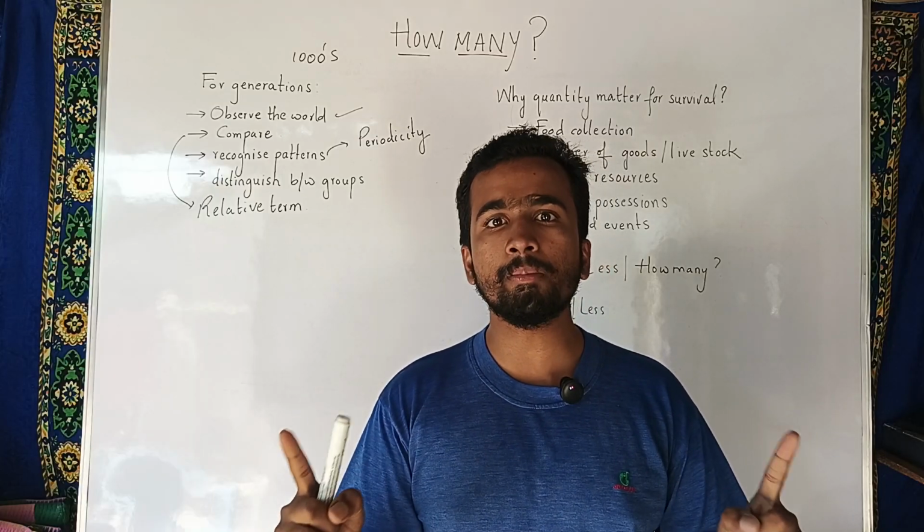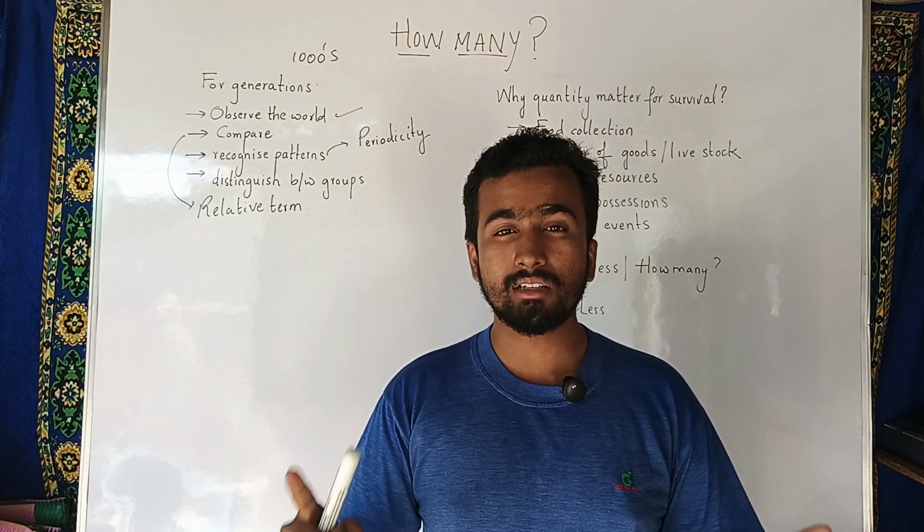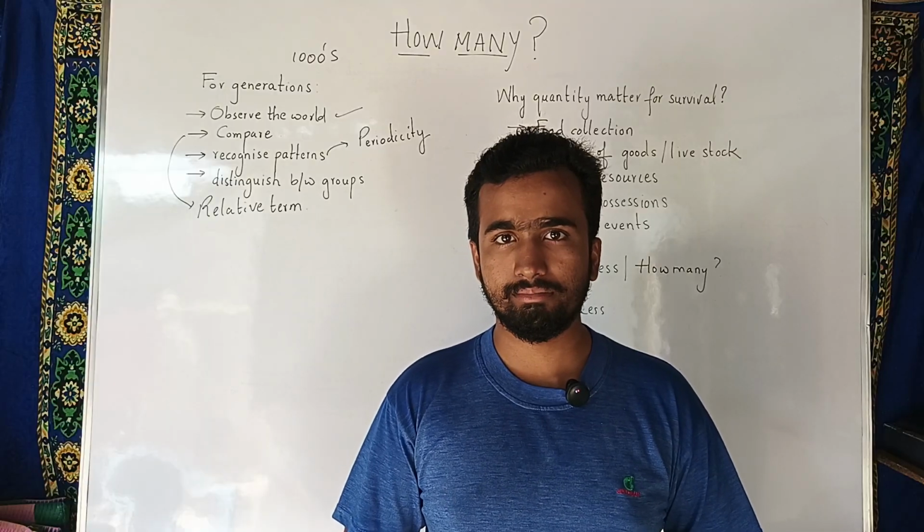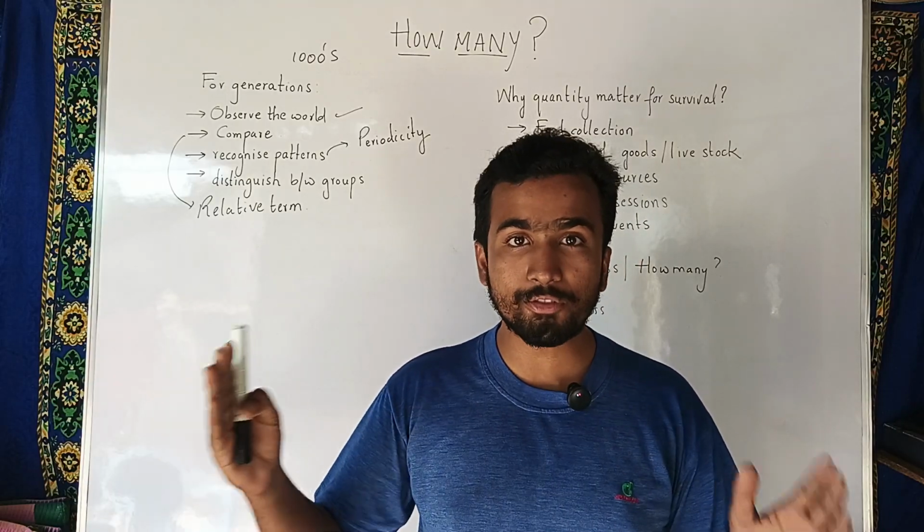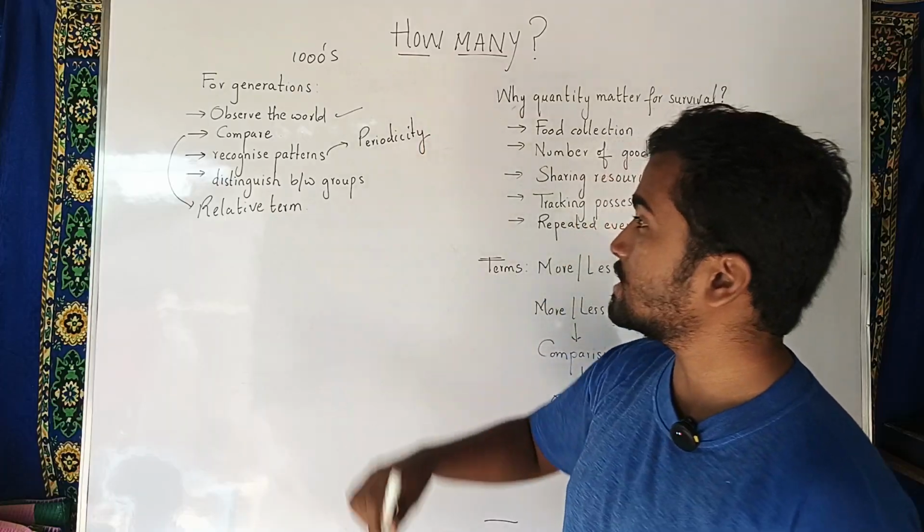That particular distinguishable event is called a single period, and the repetition of that period is called periodicity.